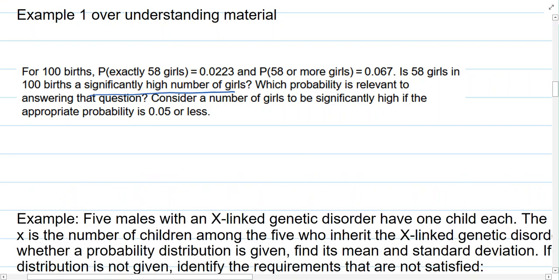Consider a number of girls to be significantly high if the approximate probability is 5% or less. All right then.